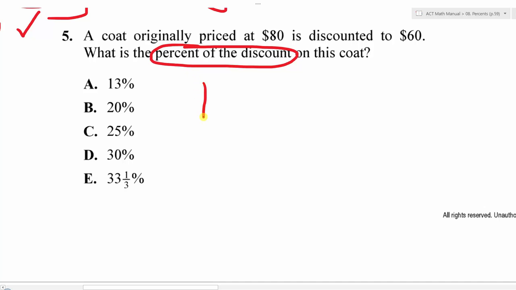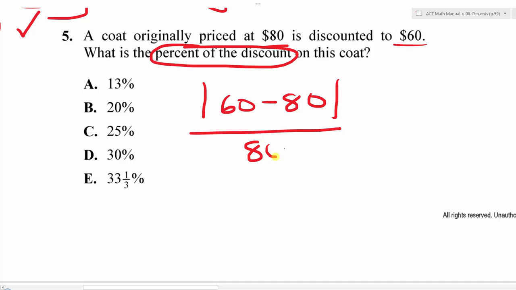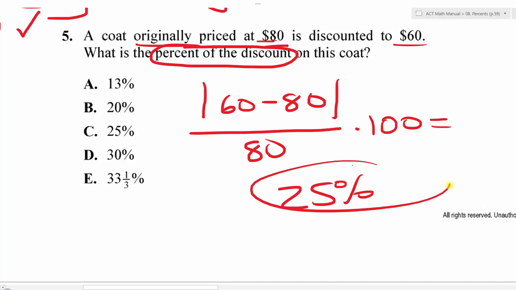We do the change in value, which is final minus initial, and we do that over the initial, the original. They tell us the original was 80 and we multiply by 100. So this is going to be 20 over 80 times 100. 20 over 80 times 100 is going to give us, and we could do that in the calculator if we were unsure, 25%. So again, they were asking for the percent of the discount. Indeed, that's what we just found. This thing was discounted by 25%.